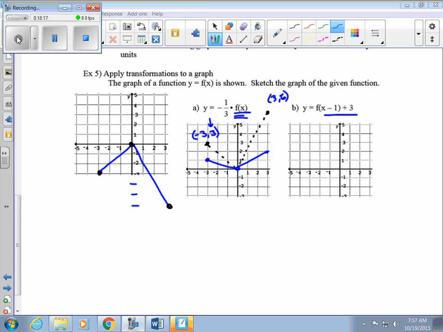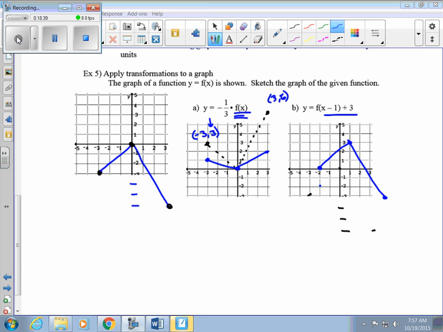So let me just put these on here quick. Just easier to do it if they're here. So take these points, right 1, 1, 2, 3. Right 1, 1, 2, 3. Right 1, 1, 2, 3. And so here is the graph of that.